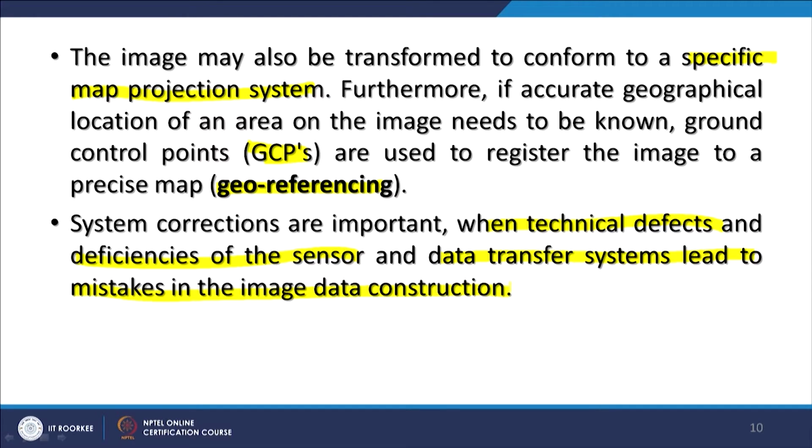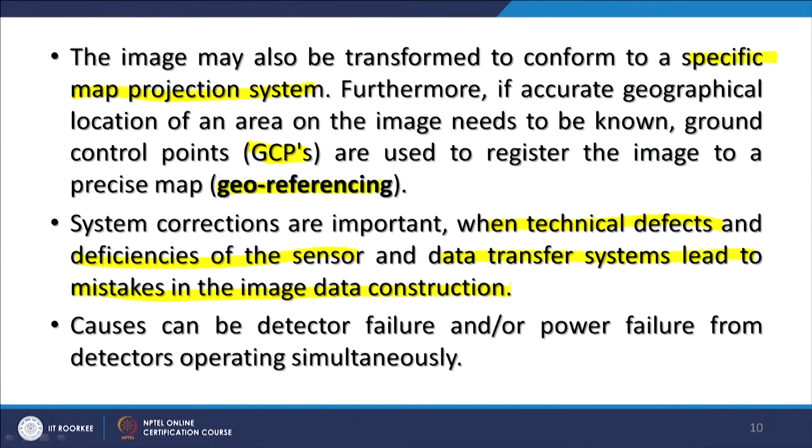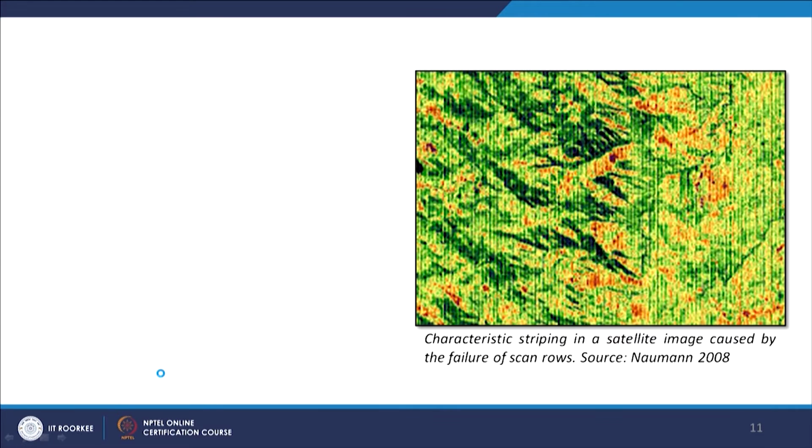If all these details are available, then some level of corrections can be performed on the raw images acquired by a satellite earth station. Detector or sensor related failures or power failures from detectors can also be resolved.